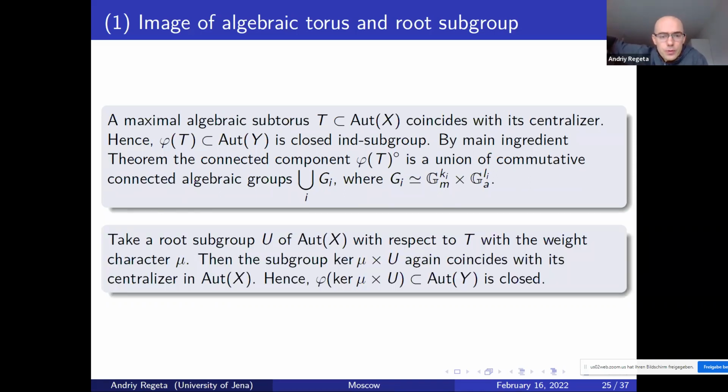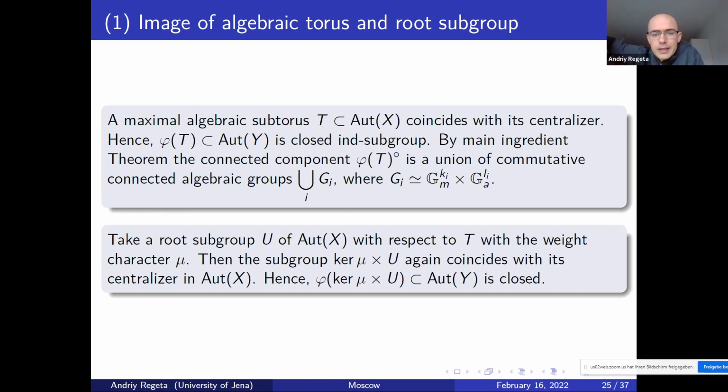Take a root subgroup U of Aut X with respect to T with the weight character mu. Then the subgroup ker mu times U again coincides with its centralizer in Aut X, Y. Well, the kernel of mu is just a finite extension of an n-1 dimensional torus. So you have here a product essentially of an n-1 dimensional torus and a unipotent one-dimensional group.